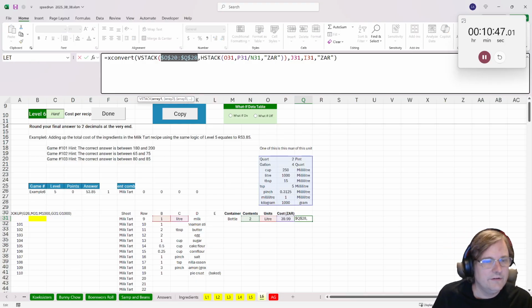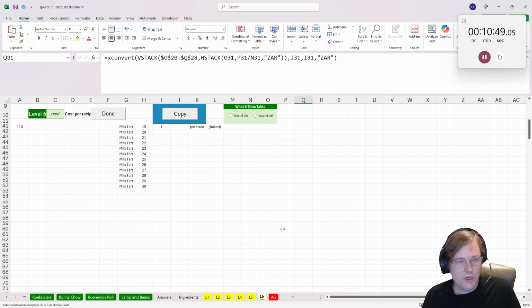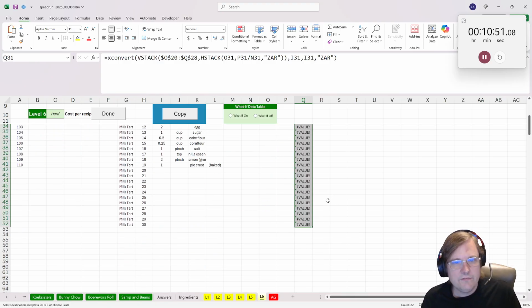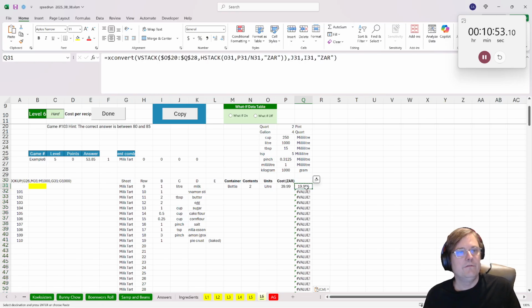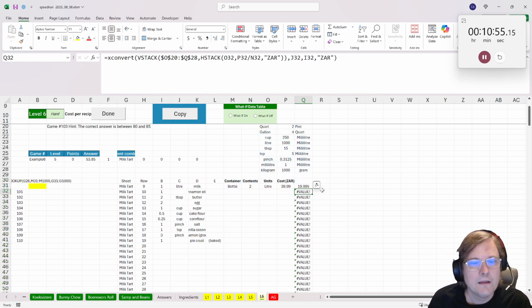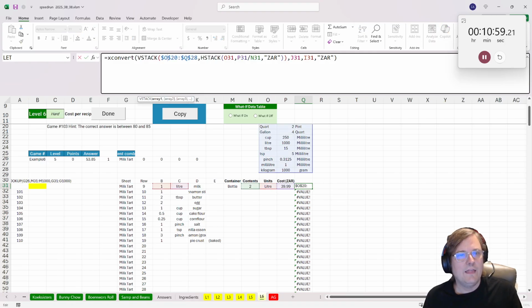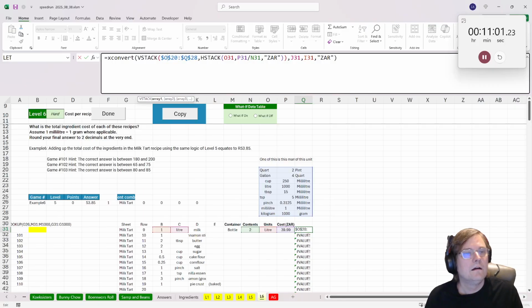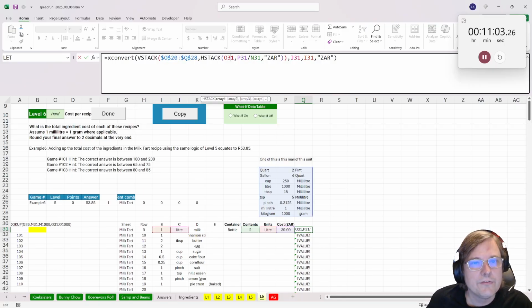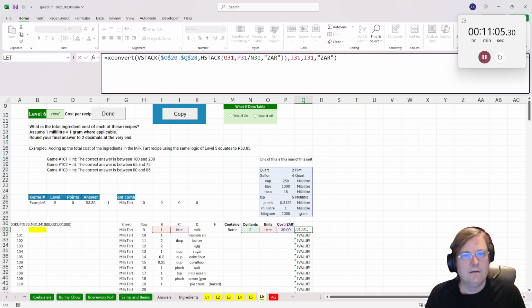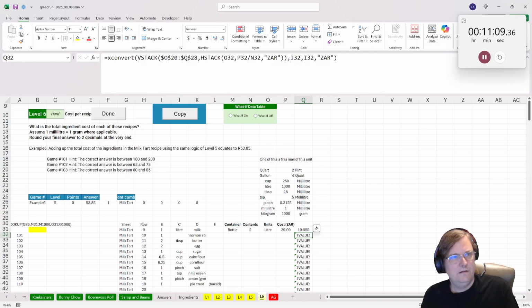Everything else can move as we go. All right, so that should handle the conversions. Stacking that with this, from this to ZAR.